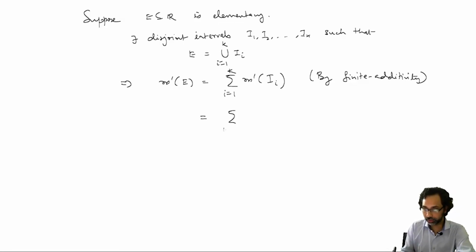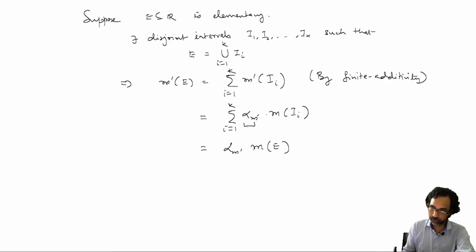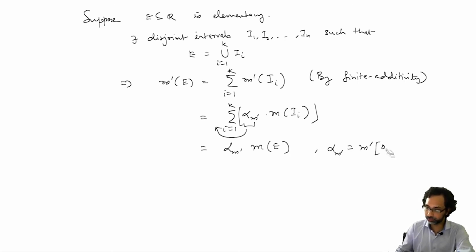But now we know that this is equal to alpha M prime times M of Ii, and by the finite additivity property of our elementary measure, this is simply M of E. You can take this constant outside the summation. So we have shown that M prime of E is equal to alpha M prime times M of E, where alpha M prime is simply the value M prime of 0, 1.